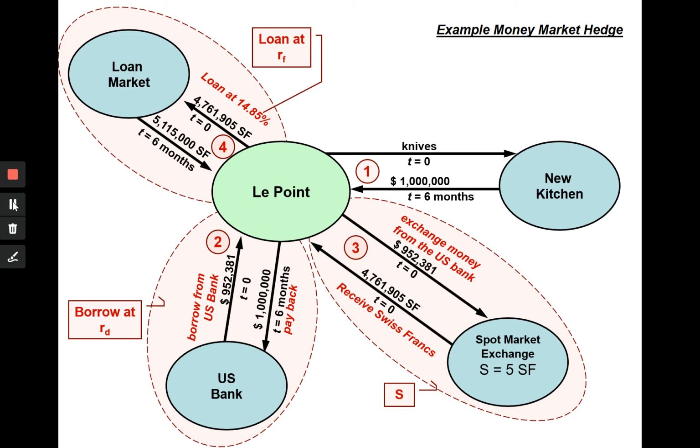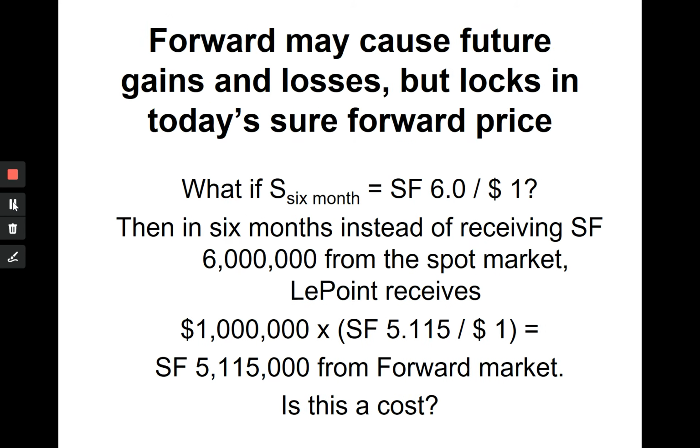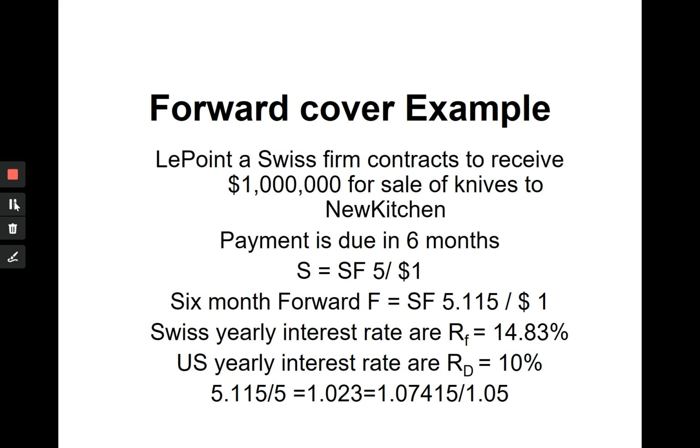Part of the story came from the little cheat sheet that I had at the beginning of this lecture. Let's go way back and look at that cheat sheet. It said 5.115 divided by 5 equals 1.023 equals 1.07415 divided by 105.